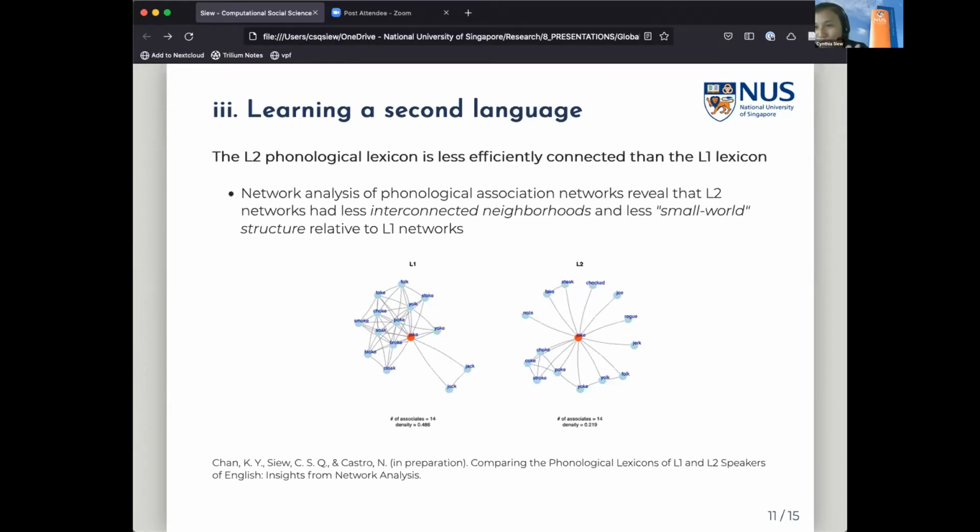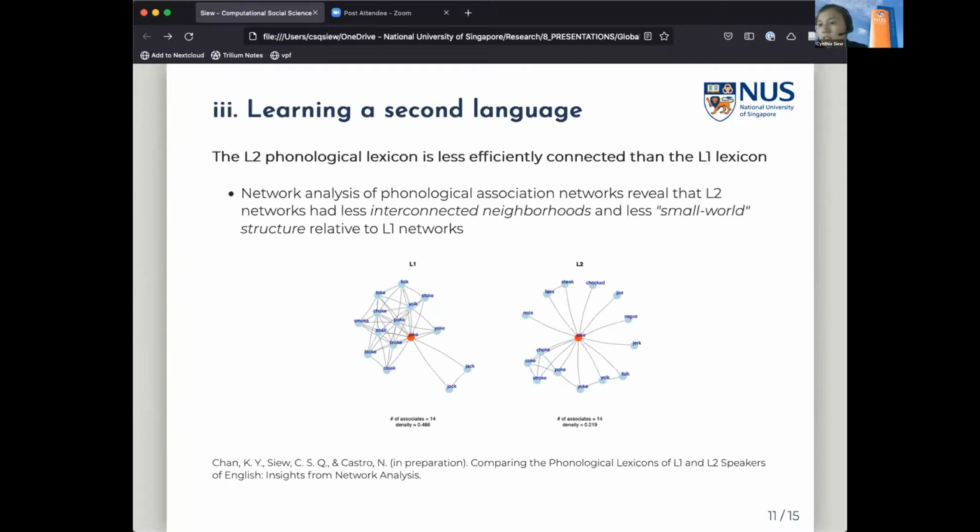If I gave you the word dog, you just have to produce the word that you think sounds like it. There's no right or wrong answer. Just come up with a word that you think sounds similar to it. We collect all of this information, which is a very simple task, and then we can model the phonological lexicon of L2 learners of English. We also have the same data for native speakers of English.